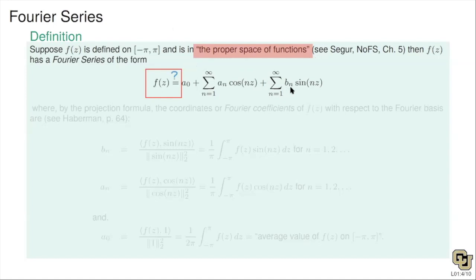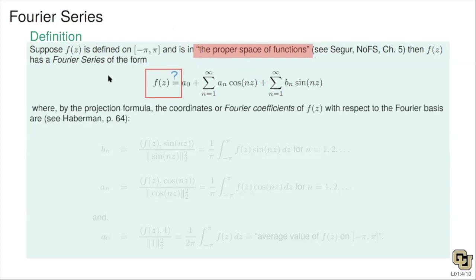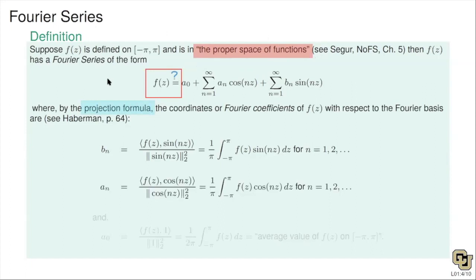If the Fourier series has this form where we have these formulas for the coefficients, essentially it's the projection formula using the orthogonality. If you look back at that example, when we solved for a sub 8, we got exactly this formula: f of z cosine 8z over the norm squared of cosine 8z.